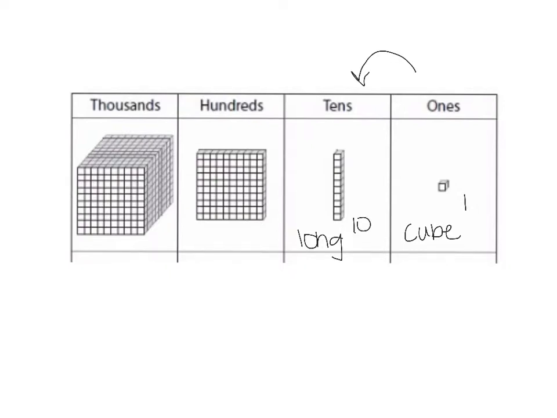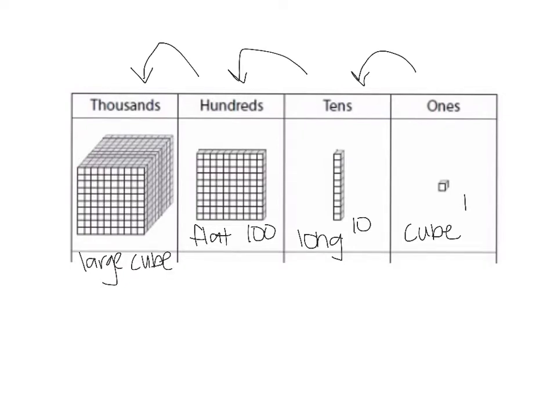If I have 10 longs, I stick them together and I get a flat, and that is worth 100. If I have 10 100s, then I have 1,000, and it's called a large cube.